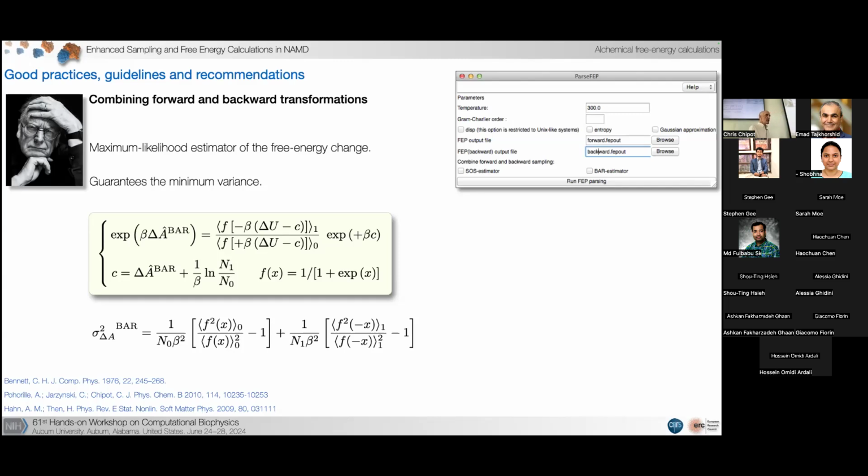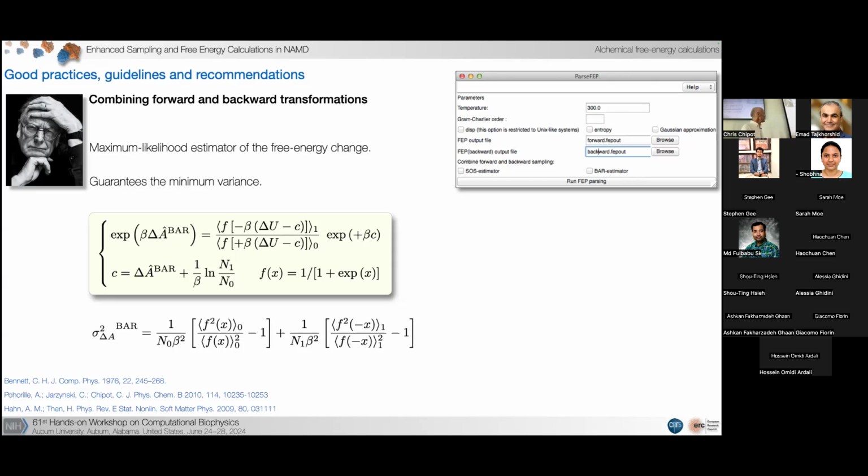But there is another advantage of doing this, and this is yet another picture, and this guy is Charles Bennett. Charles Bennett from IBM, in 1976, nothing to do with statistical mechanics. I think that probably there was a side project. The guy works on quantum teleportation.